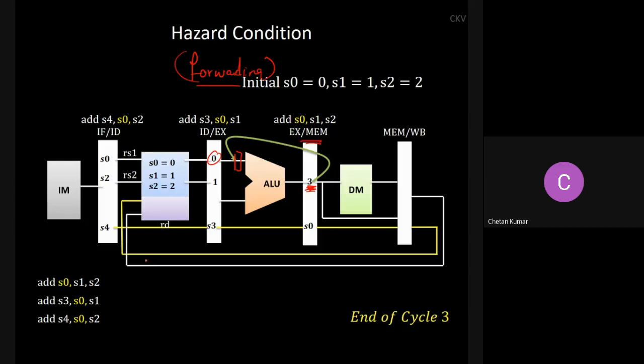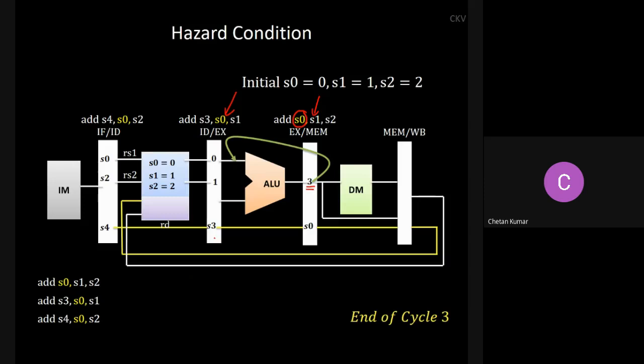But when should I forward? Should I send this updated value every time to the input of the ALU? I can't, right? So there should be some condition. What is that condition? When should I forward this updated value to the input of the ALU? When the destination of this instruction is the same as the source of this instruction.